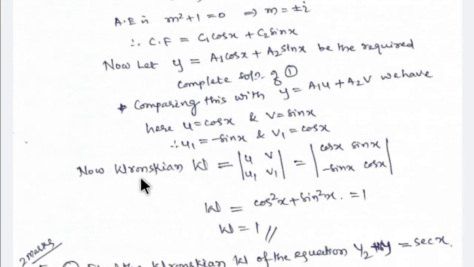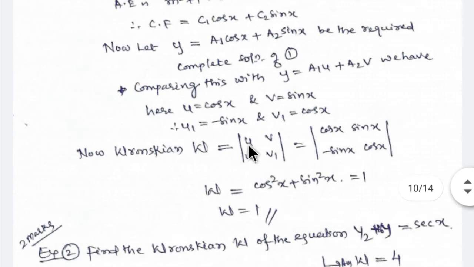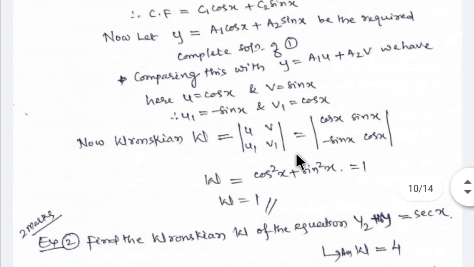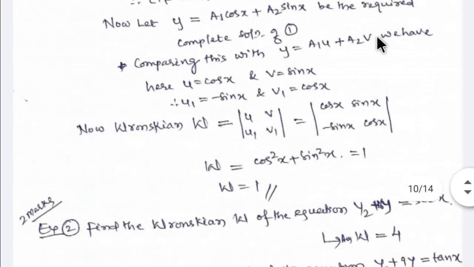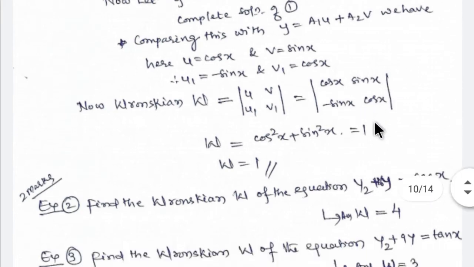Therefore the Wronskian W is given by the formula, the second order determinant with first row u, v and second row u1, v1. Substitute the values: u is cos x, v is sin x, u1 is minus sin x, v1 is cos x.